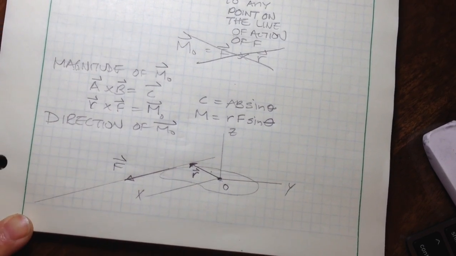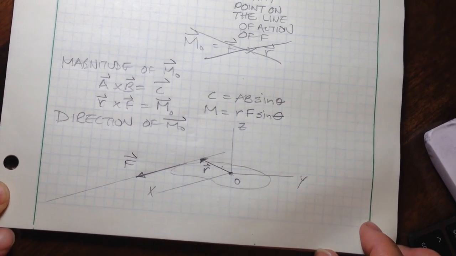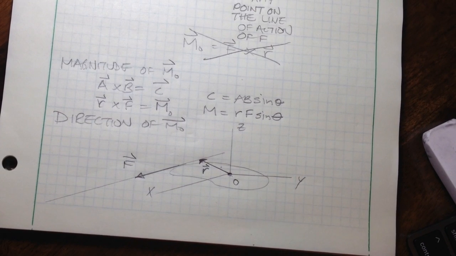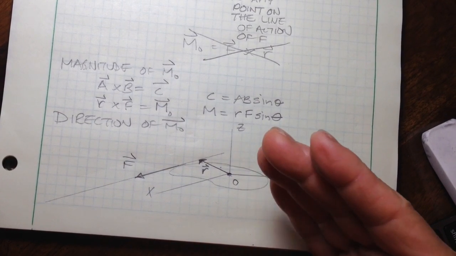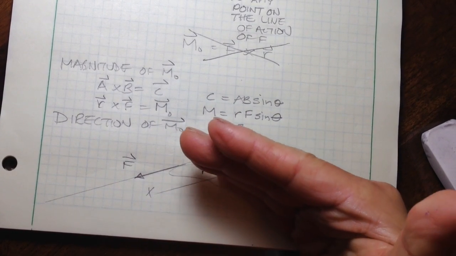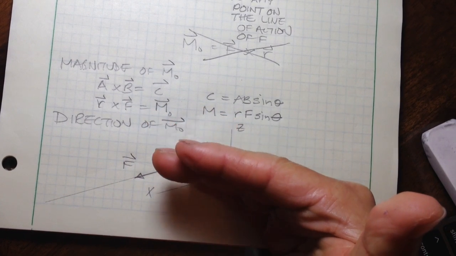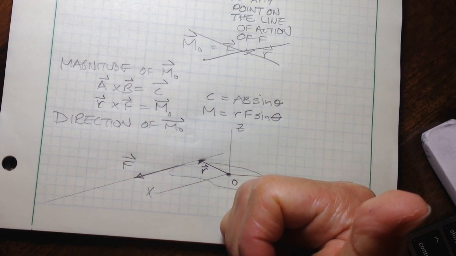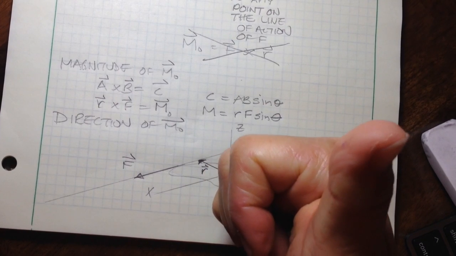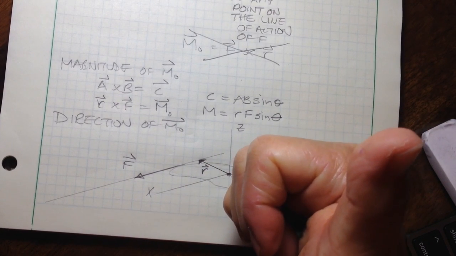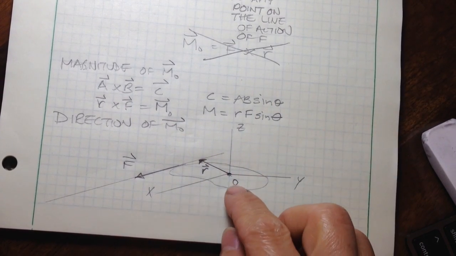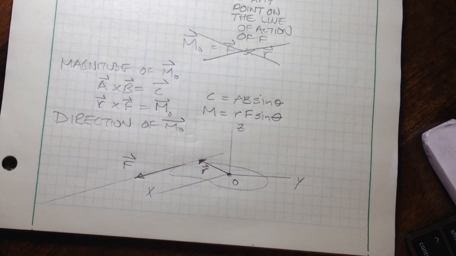To determine the direction of the moment vector, we use the right-hand rule. You direct your fingers along the position vector and you sweep it in the direction of the force, giving you the moment vector that points upward, or is in the z direction.